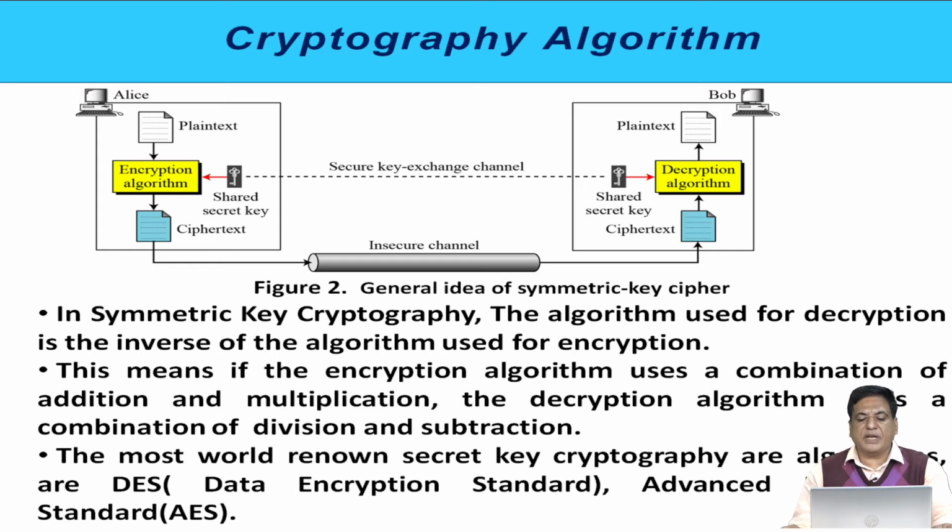This means if the encryption algorithm uses a combination of addition and multiplication, the decryption algorithm uses a combination of division and subtraction. The most renowned secret key cryptography algorithms are DES and AES. DES stands for Data Encryption Standard and AES stands for Advanced Encryption Standard.